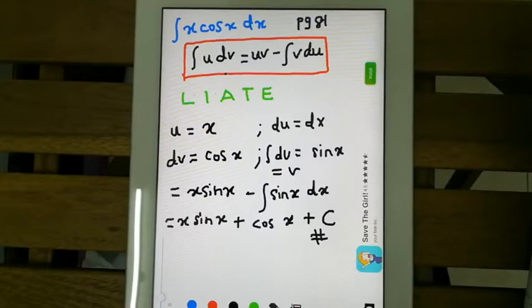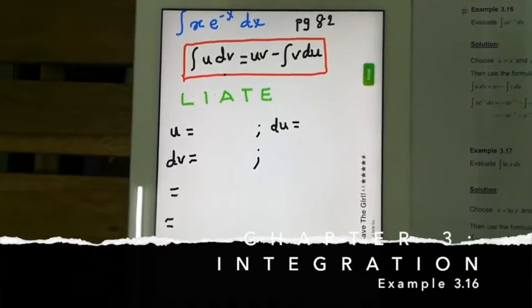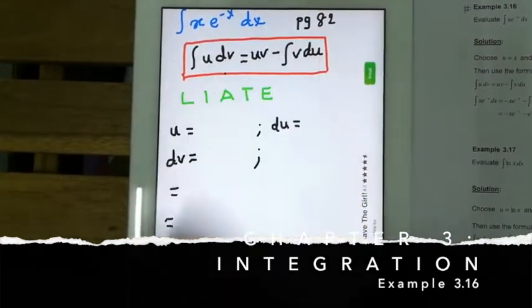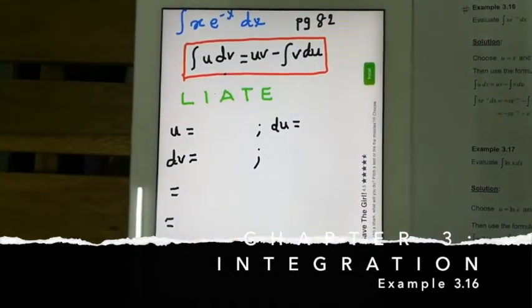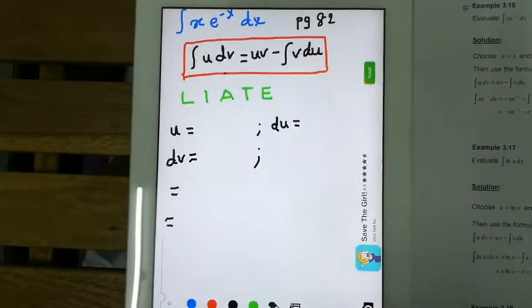Now let's move to another example. Example 3.16. Integrate x e^(-x) dx. So what is u? Can you guess what is u? We have algebraic and exponential.